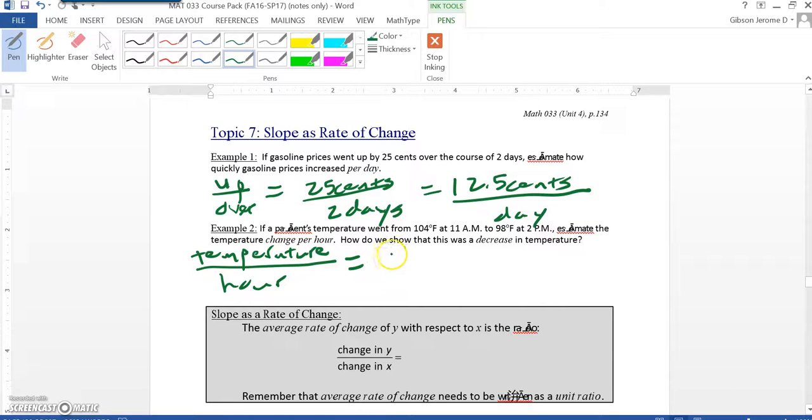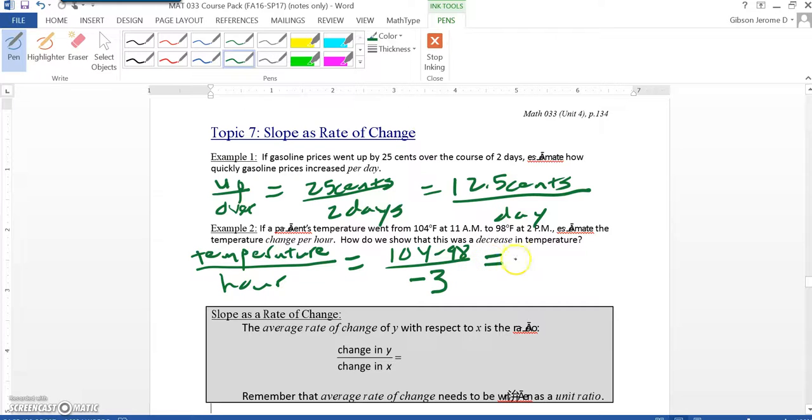And that's equal to, we have the temperature was 104 minus 98 all over 3. But we would make this 3 negative just to indicate that it was a drop in temperature. We could have done 98 minus 104 over 3, which would indicate the drop in temperature as well.